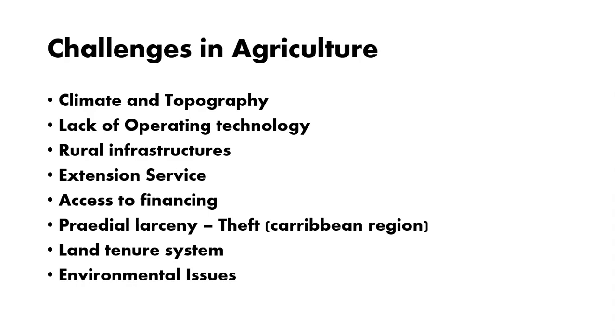But in the Sri Lankan scenario, the land tenure system makes it very difficult. And there are environmental issues, such as land pollution, water pollution, and sensitive environmental pockets. Therefore, these are a few challenges.